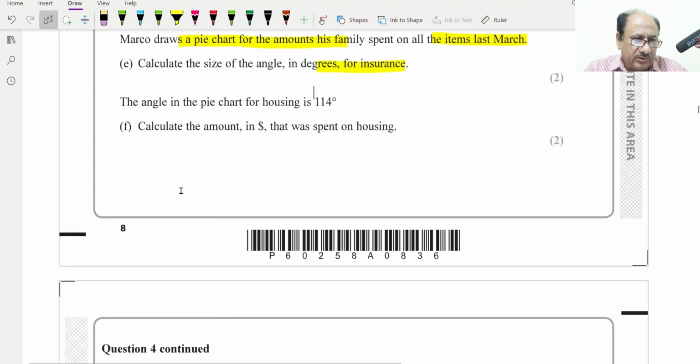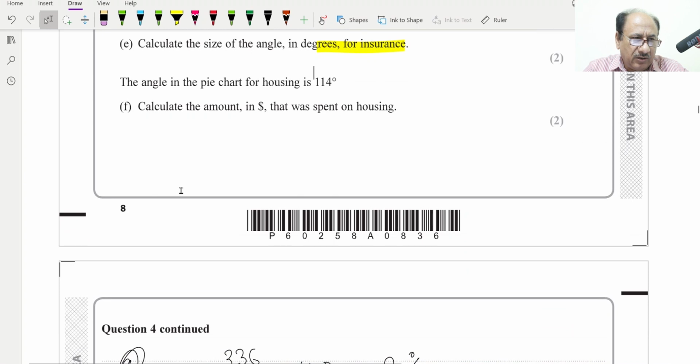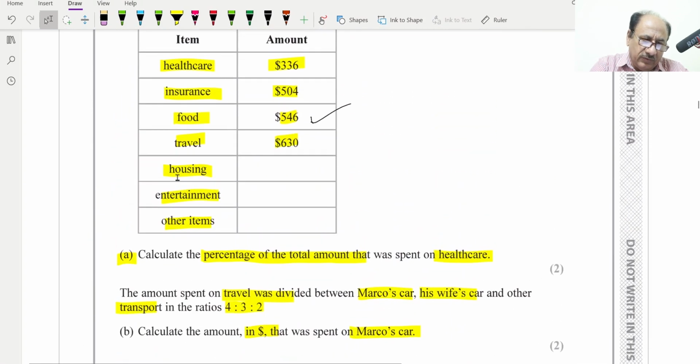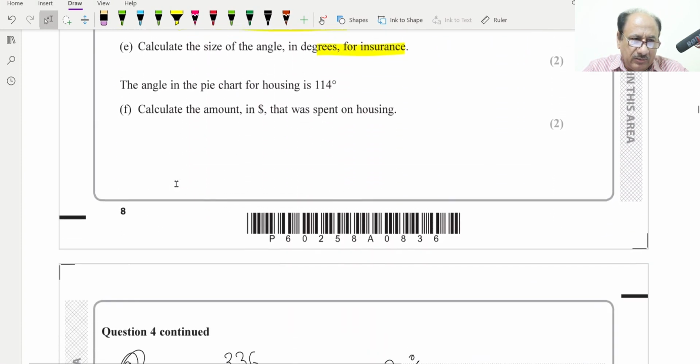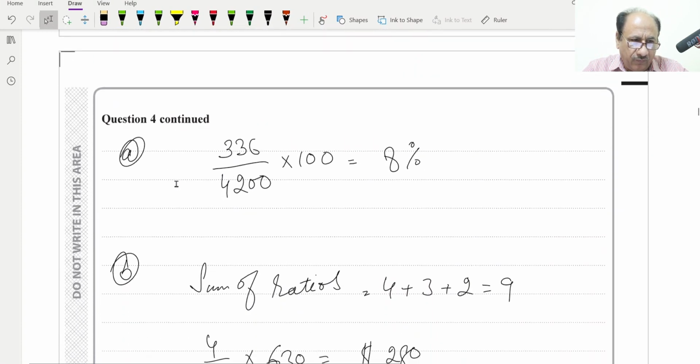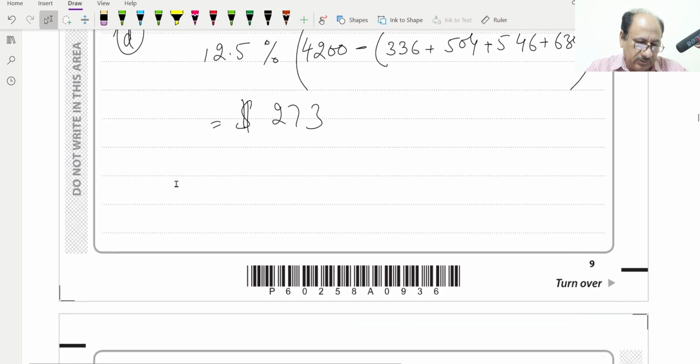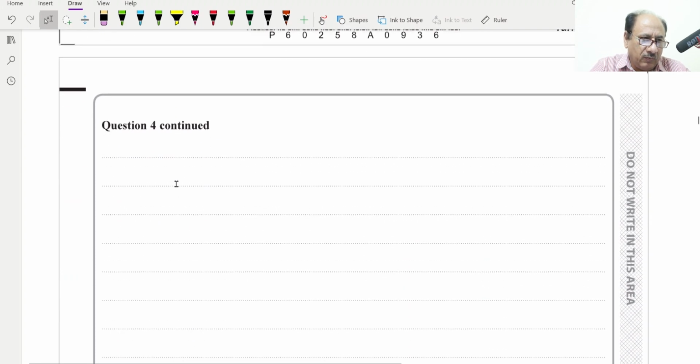For insurance, we can check, 504 amount is spent on insurance, which is over here. So this much amount, 504, and now we can use this 504 out of the total amount. This is basically E part, which we can solve on the next page.